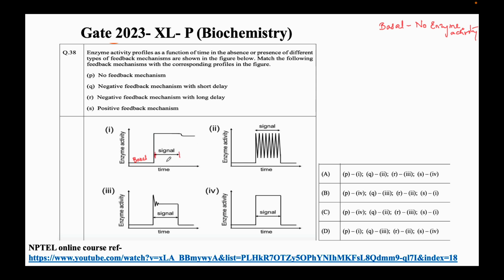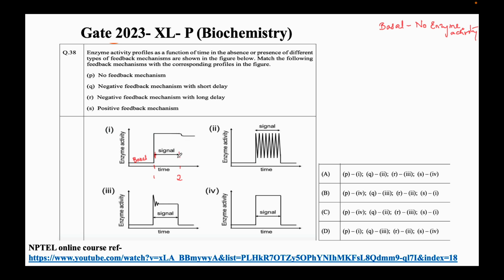Suppose the time is in hours, so I added the signal for 1 hour. After 1 hour of signal, the enzyme activity stays stable.